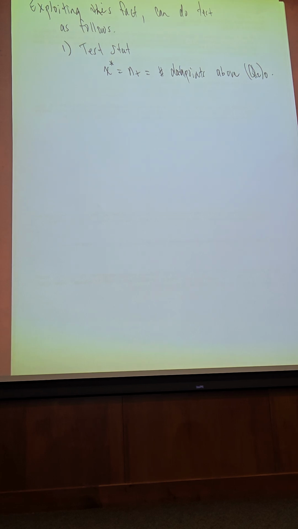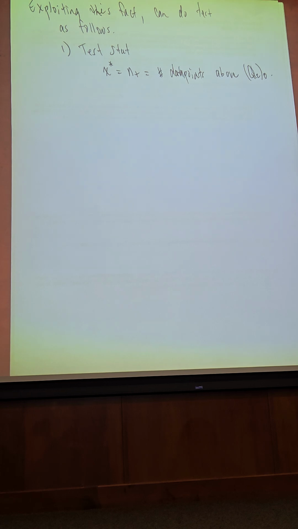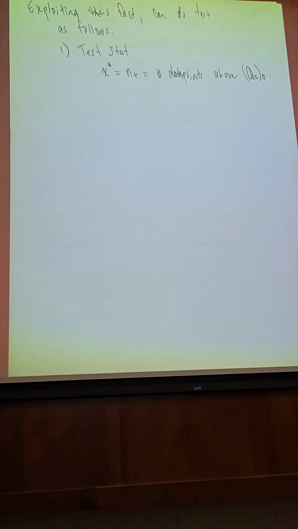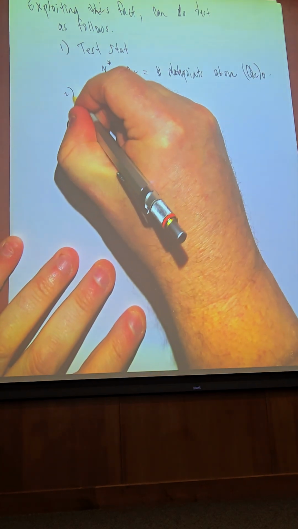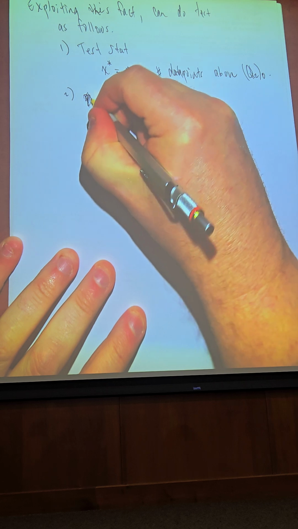So I'm going to count the number of data points above that hypothesized median Q sub 2,0. That's my test statistic. And from my test statistic, we're just going to jump straight to a p-value.